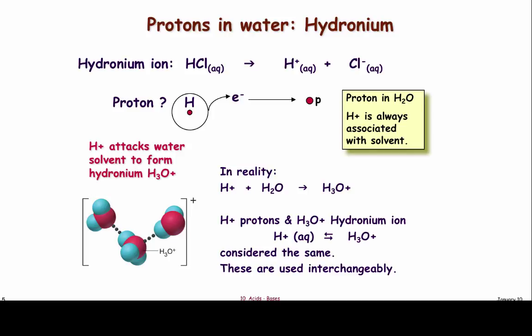And here what you see is the reaction in which H+ and water combine. In chemistry, we interchange the terminology of protons or hydrogen ions with hydronium ions. And remember, this only takes place in aqueous solution.